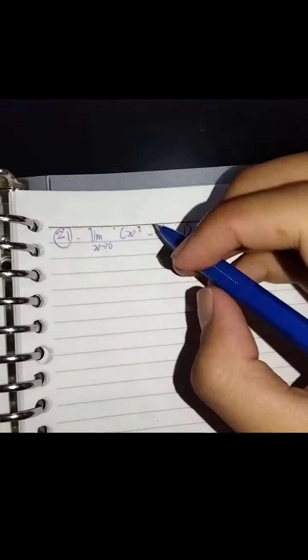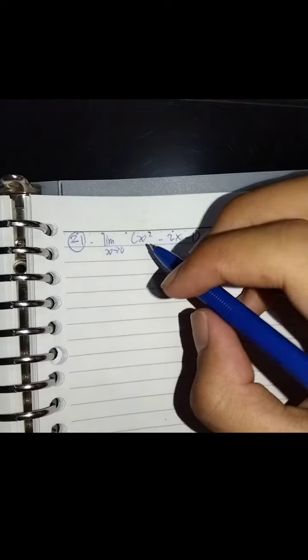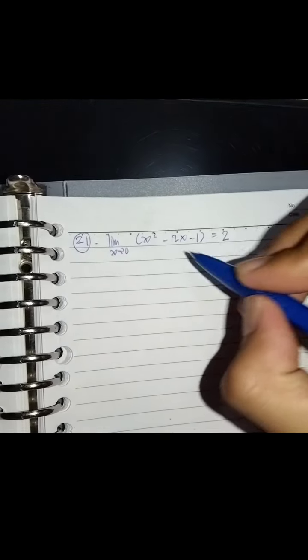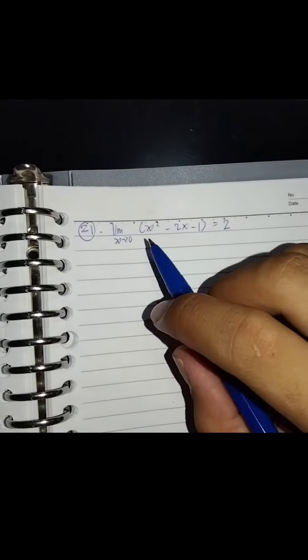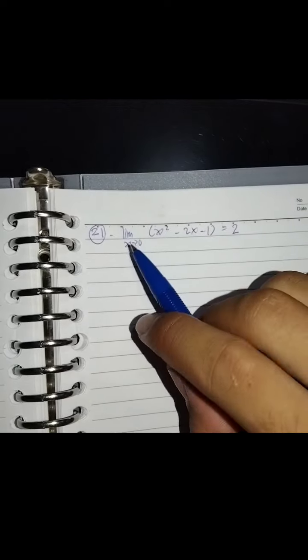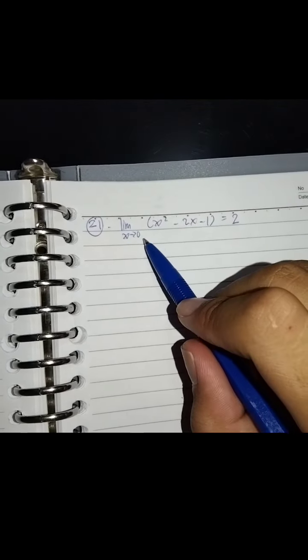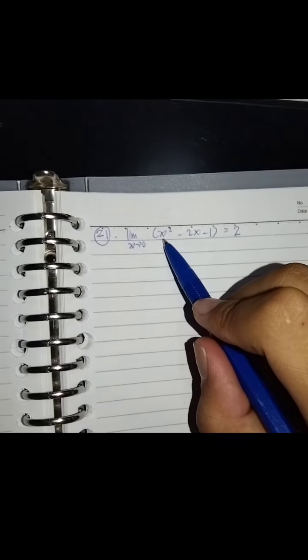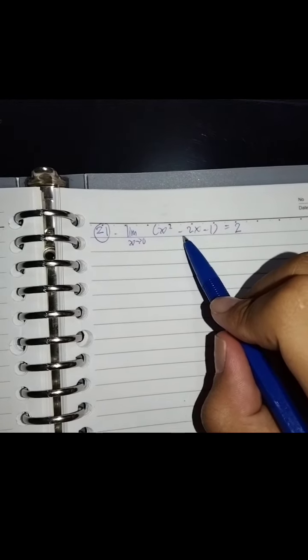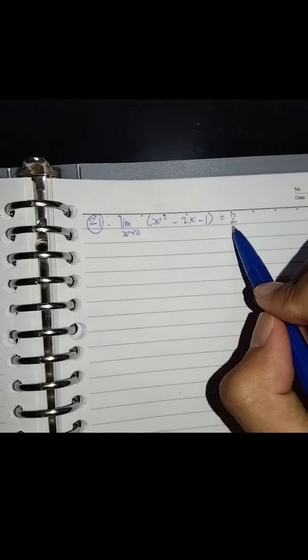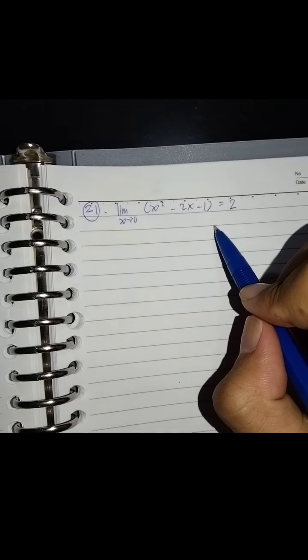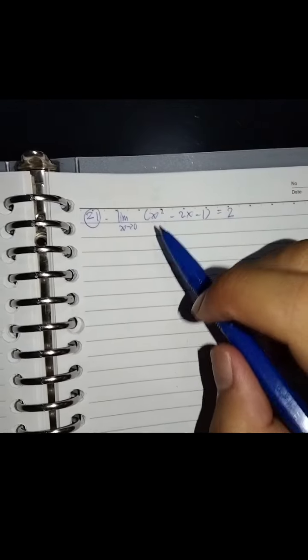So let's get started. Number one of the questions I took from the module of limit. In this question we have the limit as x approaches 0 of x squared minus 2x minus 1 is equal to 2. So we can prove that.